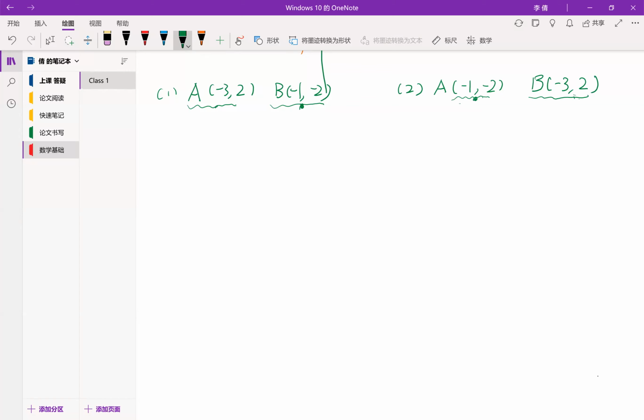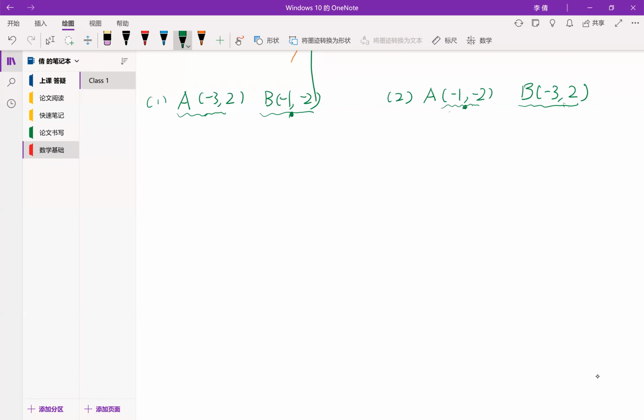And let's say the starting point and the ending point are switched. For the first one, the increment in y is equal to, let's say, we use y sub 2 minus y sub 1, and y sub 2 is equal to the ending point y coordinate.